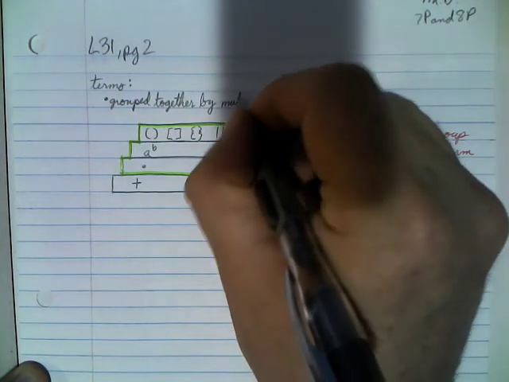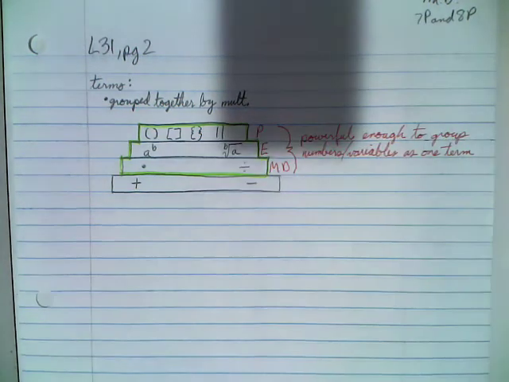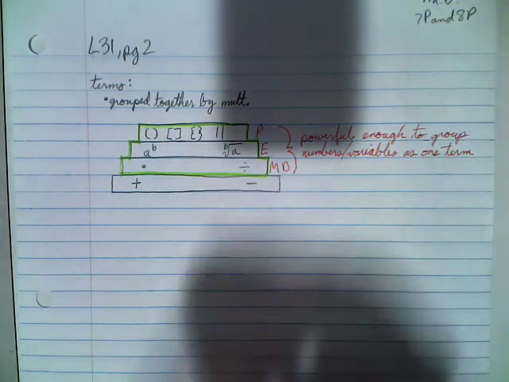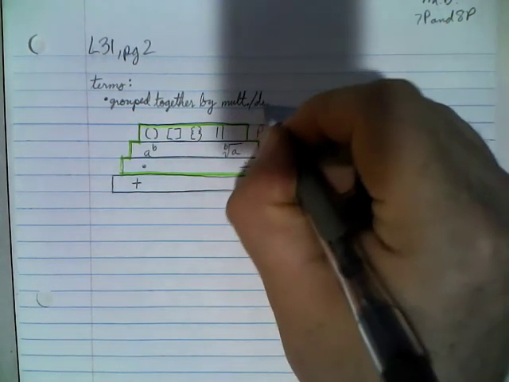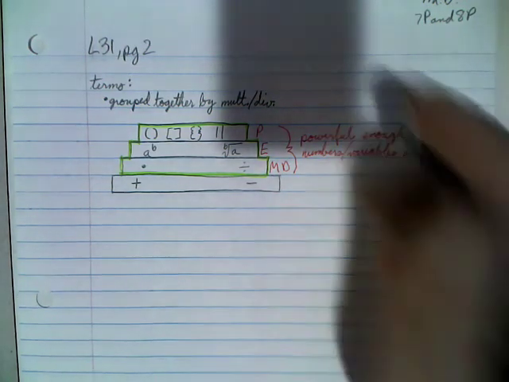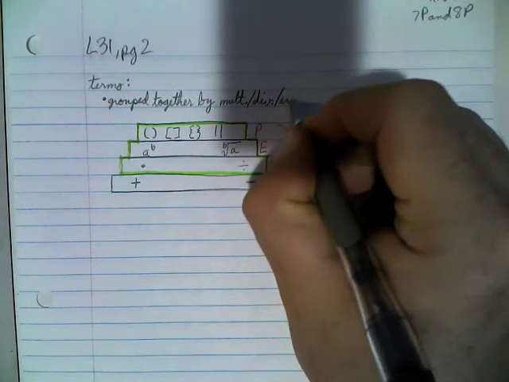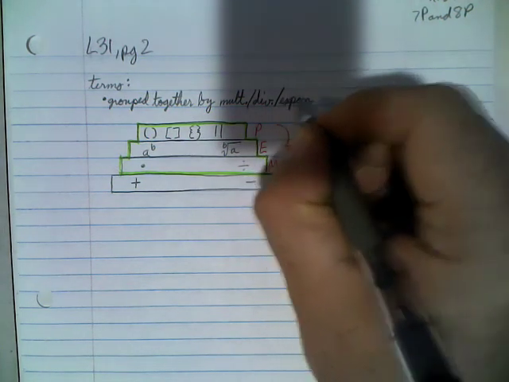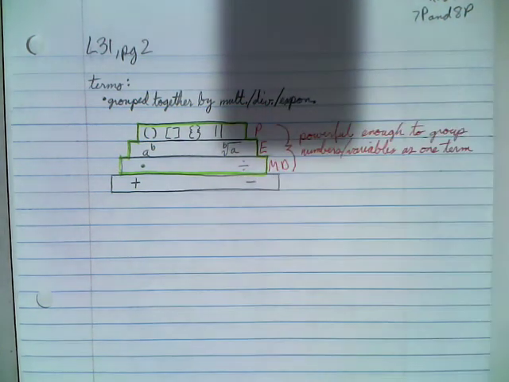by multiplication. So if 2 things are being multiplied, they're part of the same term. Division, which we typically write as a fraction. So all fractions are a single term, and anything in the fraction is part of the same term as the fraction as a whole. Exponents. So the exponent and its base are both part of the same term.